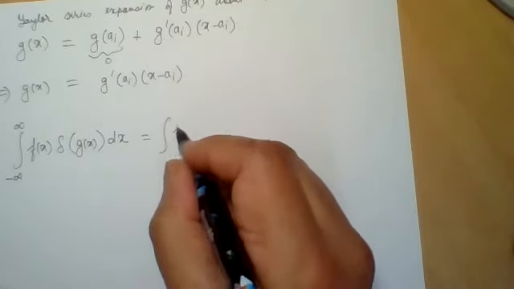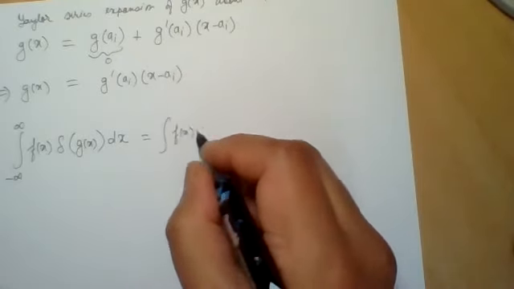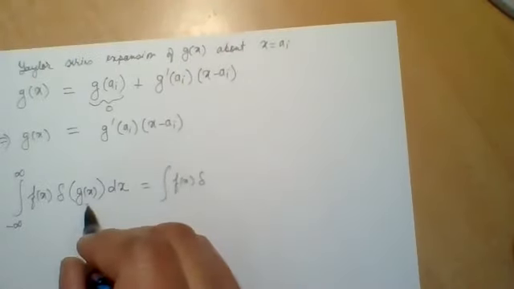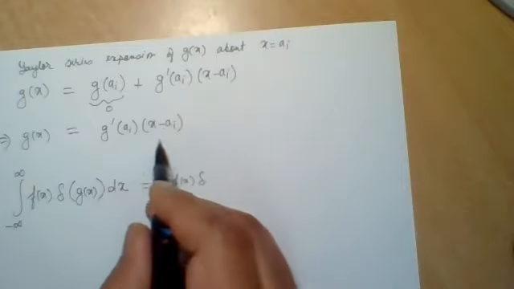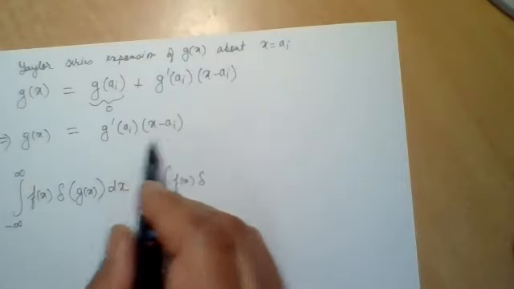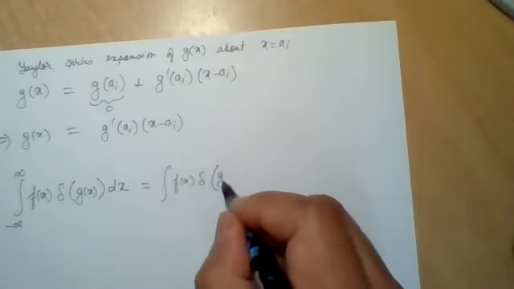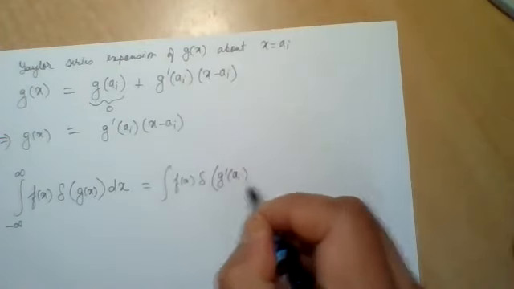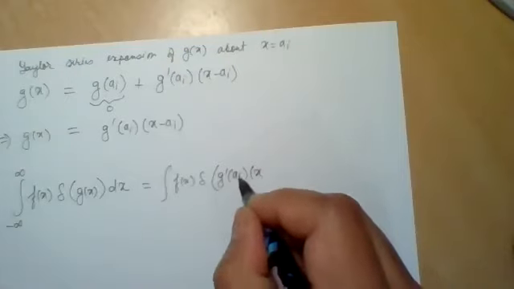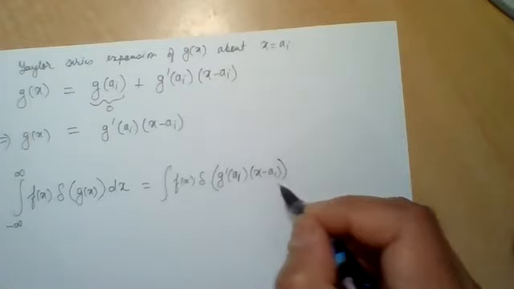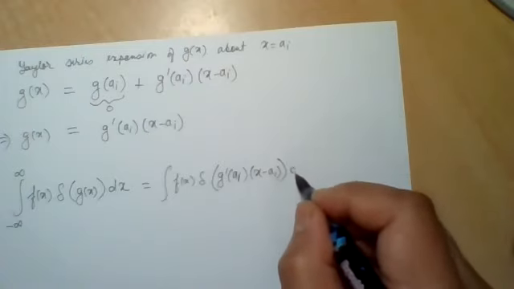This is f(x) delta, this g(x), it can be replaced by this delta g prime(a1)(x minus a1) dx.